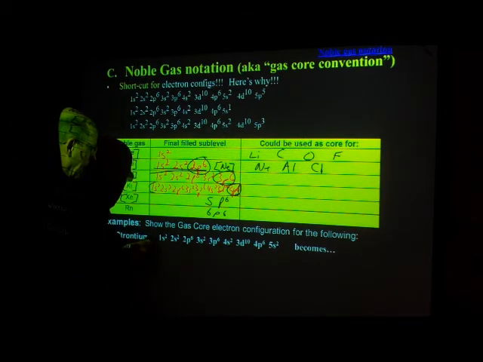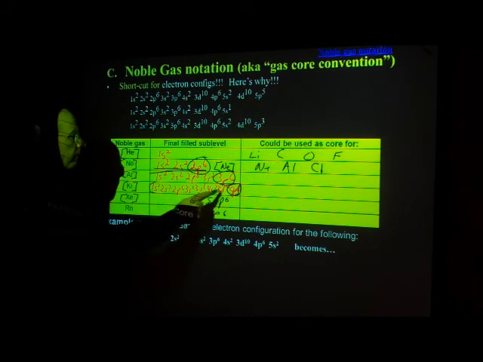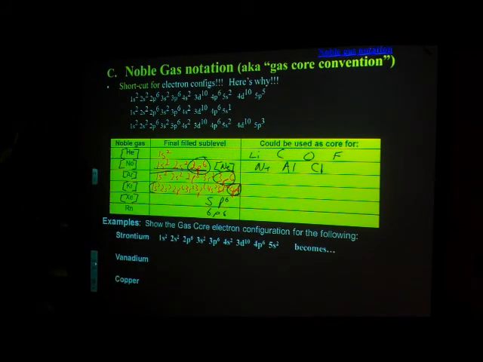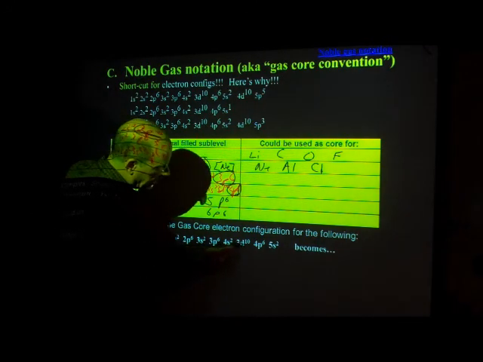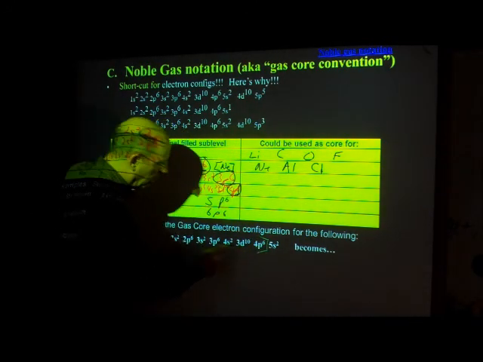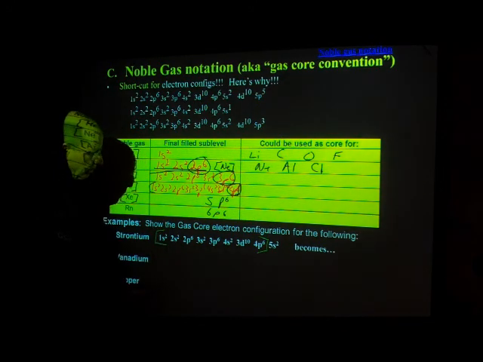Krypton ends in a 4p6. Look at your periodic table and see if that's not right. It's the fourth row across, and it ends in a 4p6. So everything all the way up to 4p6, all that business right there, we don't have to write.